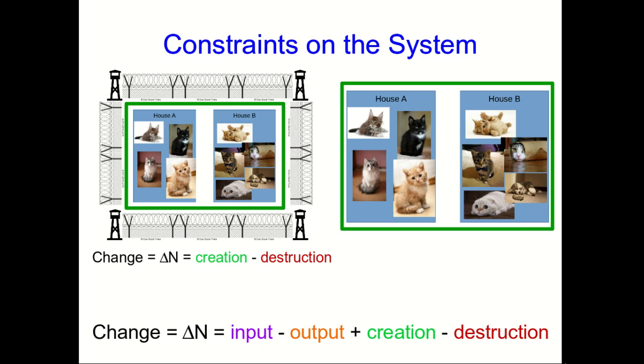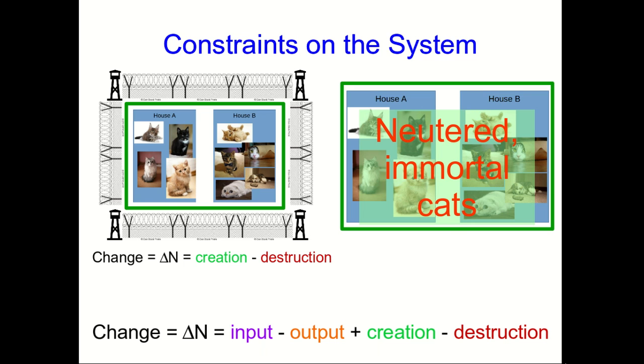Similarly, we could have a situation where, I don't know, maybe we have neutered immortal cats, right? Sure, why not? That could happen. So if that happened, now creation and destruction are impossible, and so our change in the number of cats in the houses would just be the input minus the output.